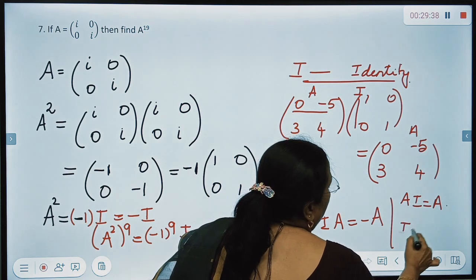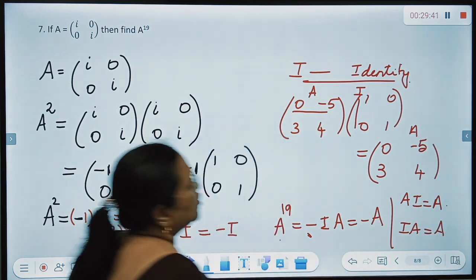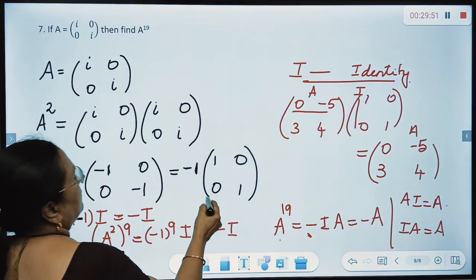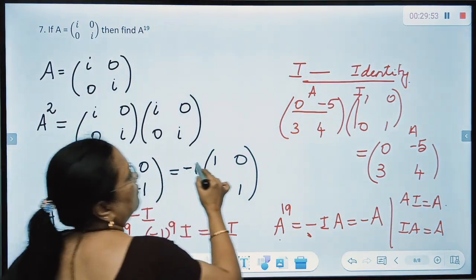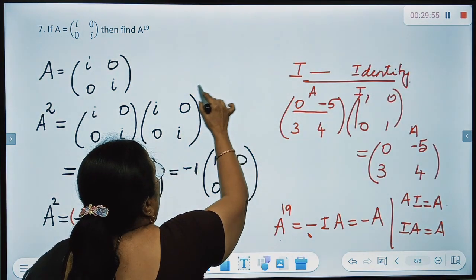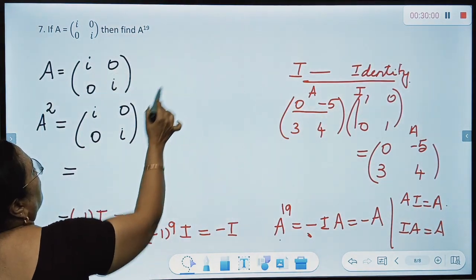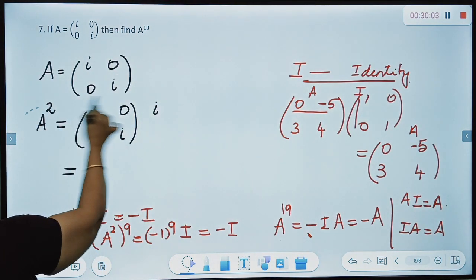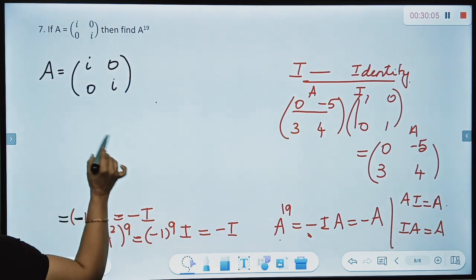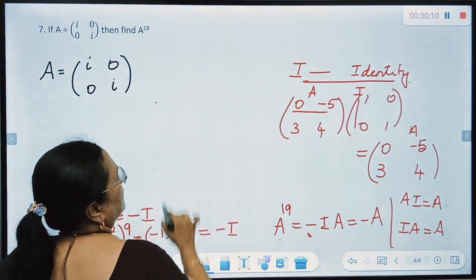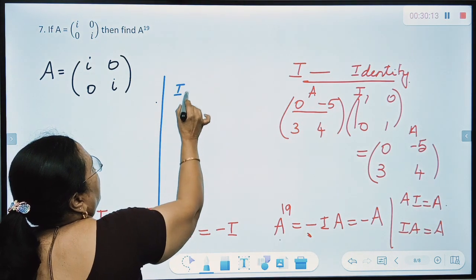In fact, IA also will be A. That is why I is called an identity matrix. So I hope you understood this. You will now check IA. Now what will IA be?